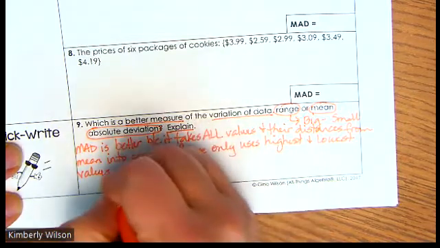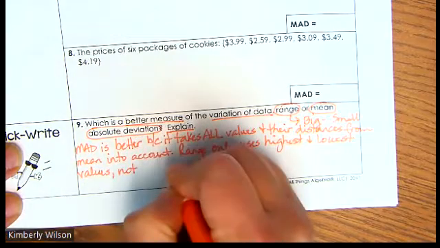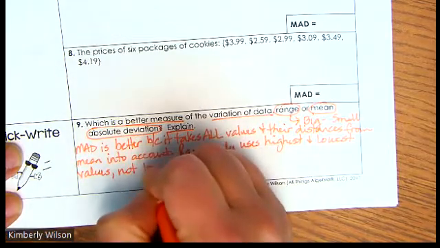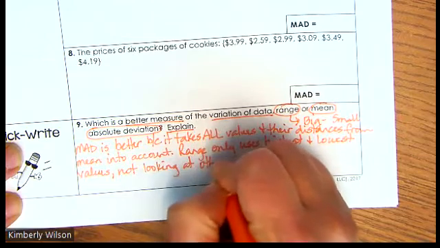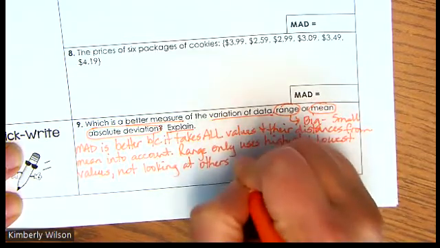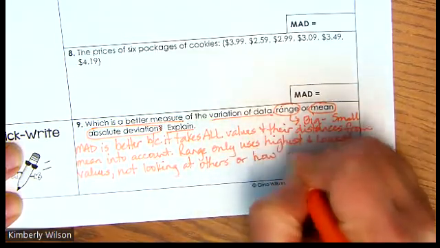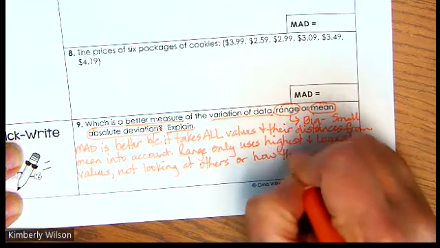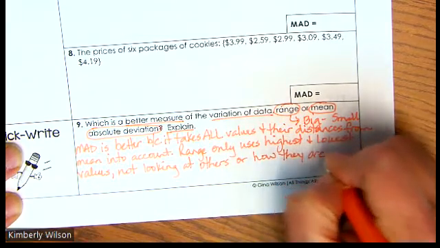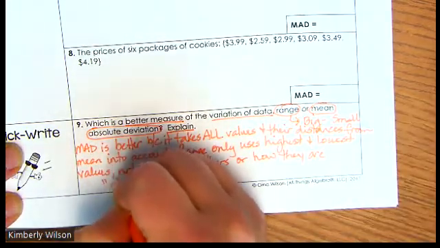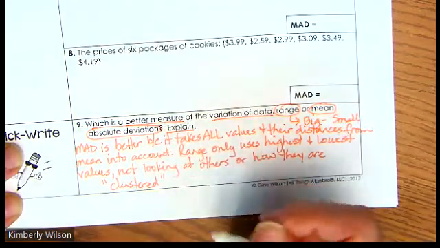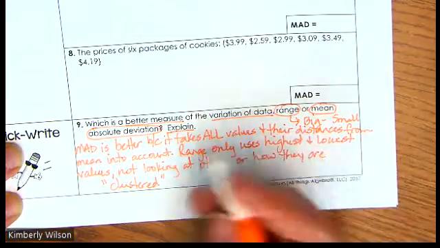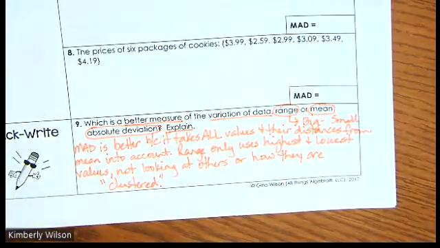Not looking at others or how they are clustered, like if they're close together or far apart from the mean. It only looks at the highest and lowest. So you've got to make sure that you can think about how these different measures of variation compare.